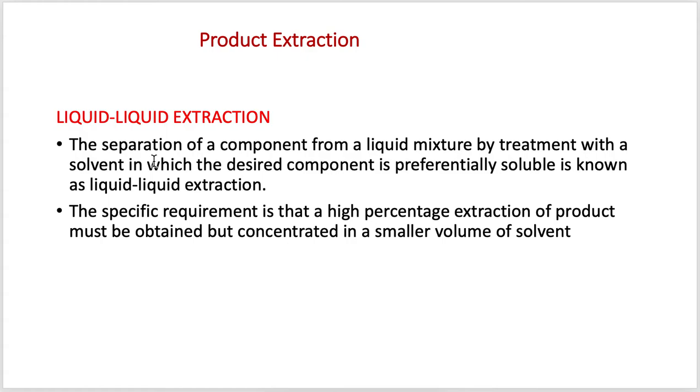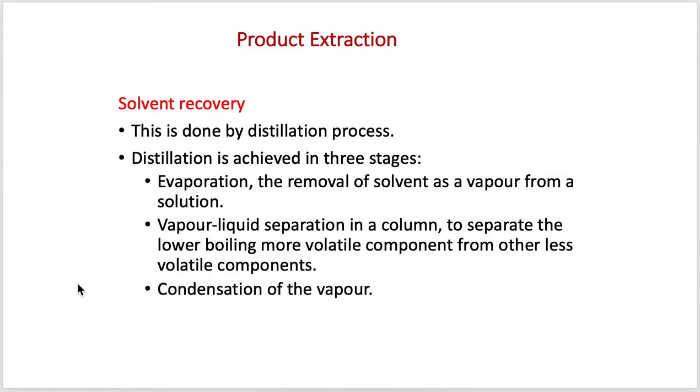So solvent recovery means we'll add such a chemical that our desired product will get into that solvent. Then we have to separate this solvent from the rest of the liquid. Usually this can be done by the distillation process.